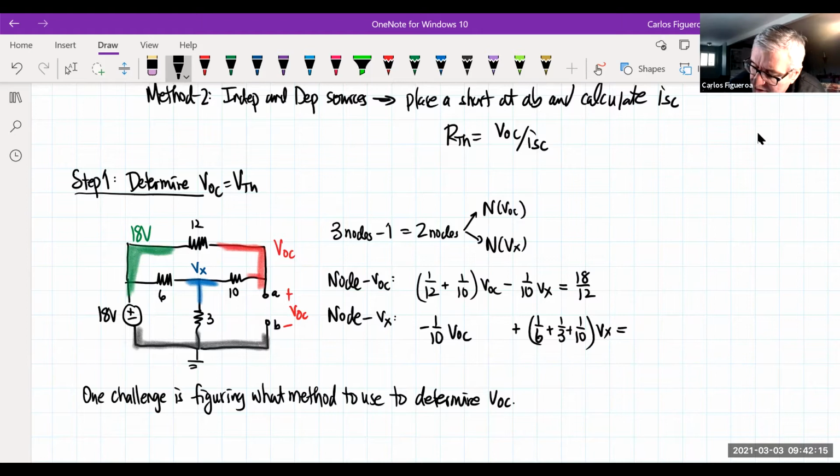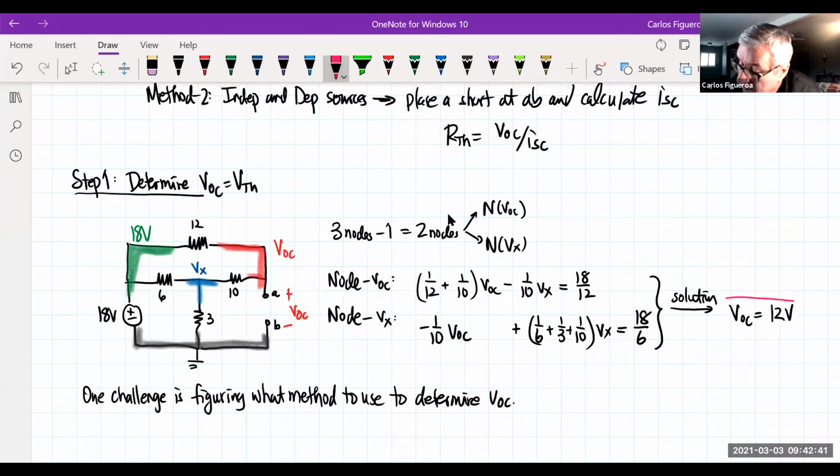But when I take it to the other side, it's going to be positive 18 over 6. So now I have 2 node equations. So I'm going to get my solution. Since we've already practiced this, VOC in this case I end up getting 12 volts. So now I have VOC equal to 12 volts.